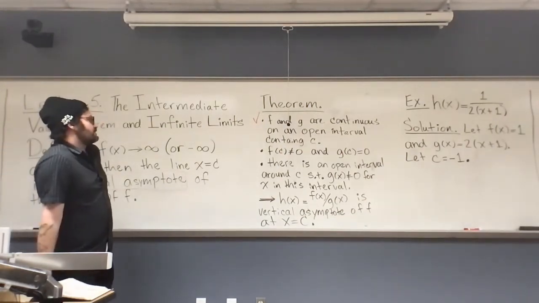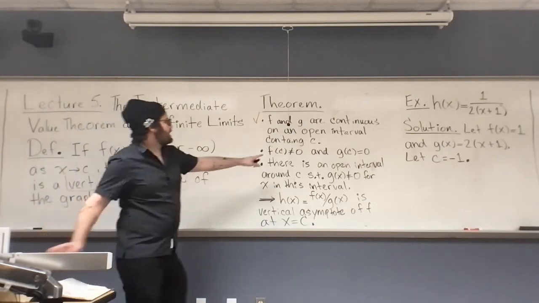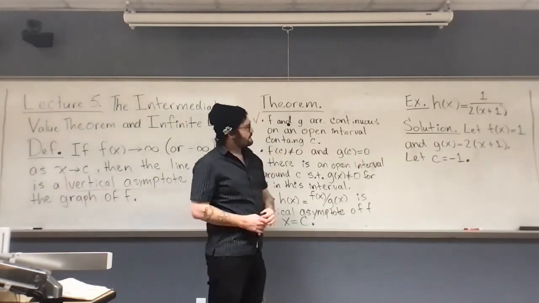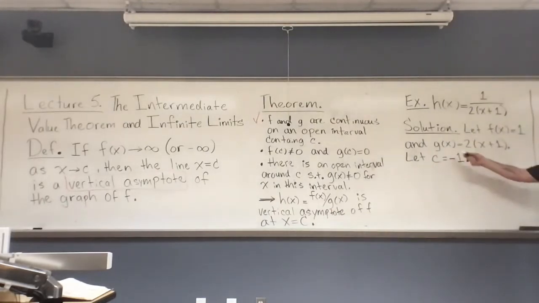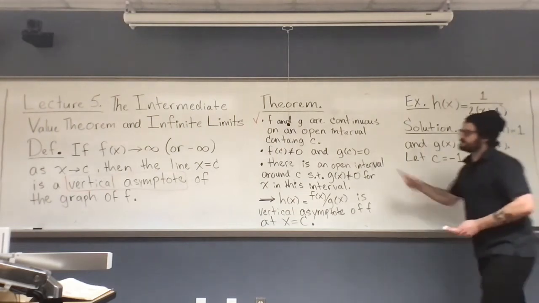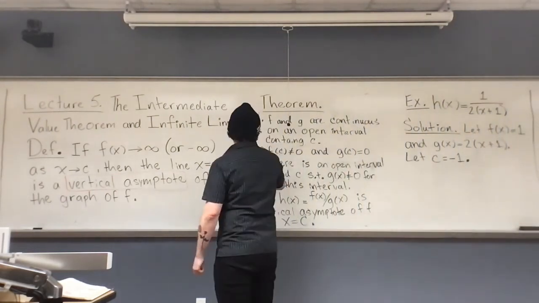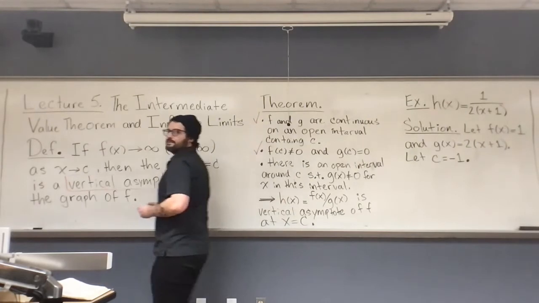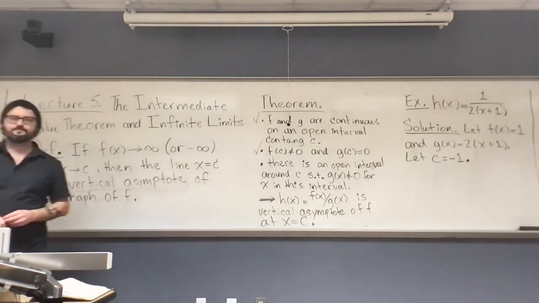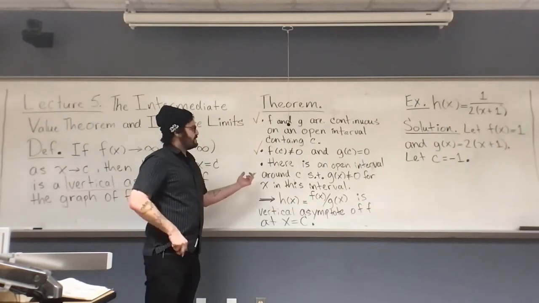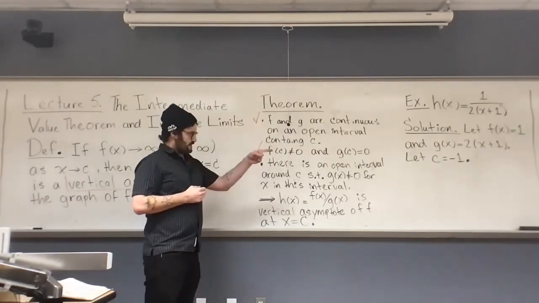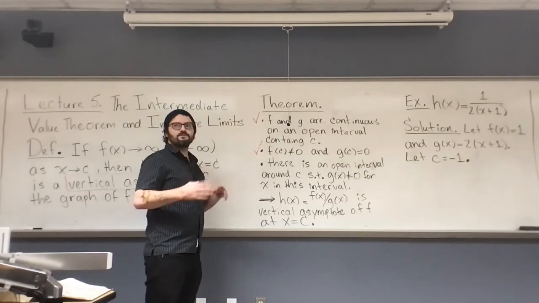Okay, so f of -1, well, that's just 1, that's fine. g of -1 is equal to 0. So I'm slowly checking off the hypothesis of this theorem. Is there some interval around -1 where g is not equal to 0?